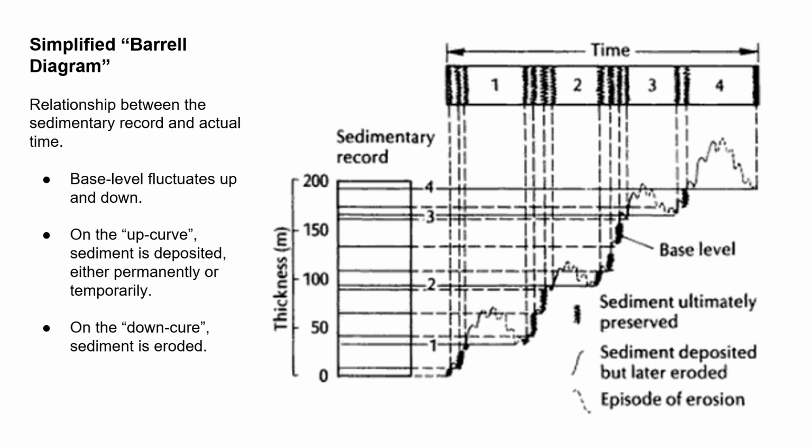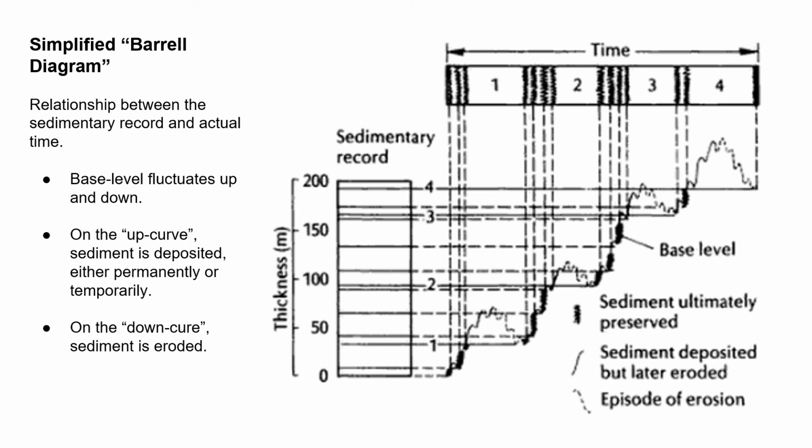The base level will fluctuate up and down with things like changes in sea level. It'll change with climate, with storms, sedimentation rate, subsidence rates, and so on. So as base level fluctuates up and down, we have a curve that goes up and down. And on our up curve, we have sediment that's deposited. Now this could be permanent, it could be temporary.